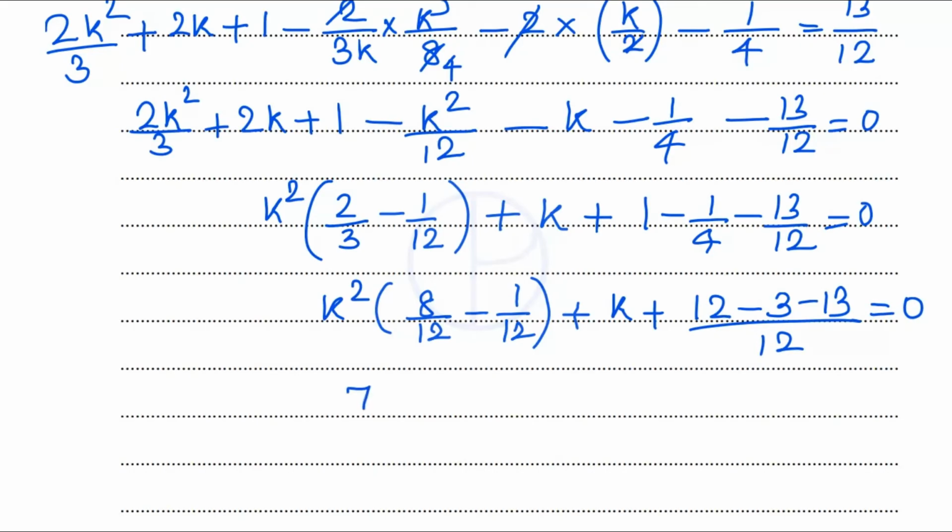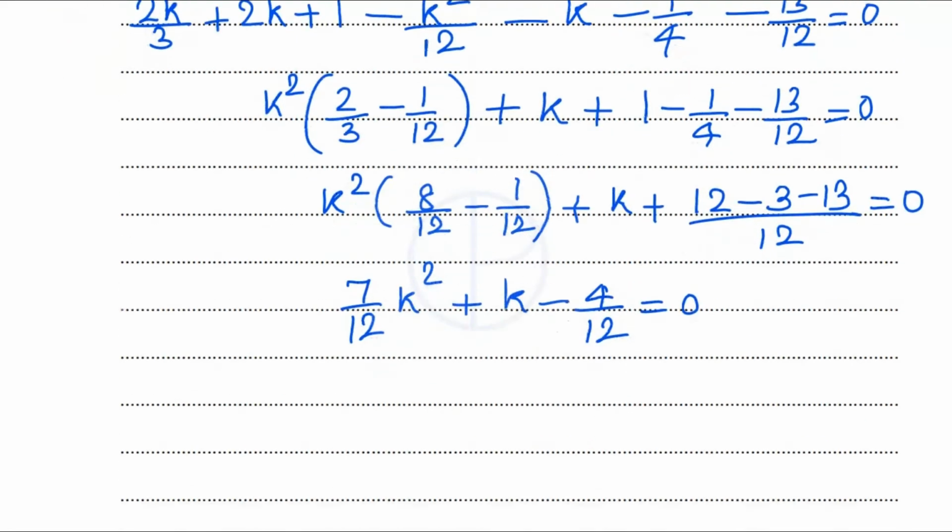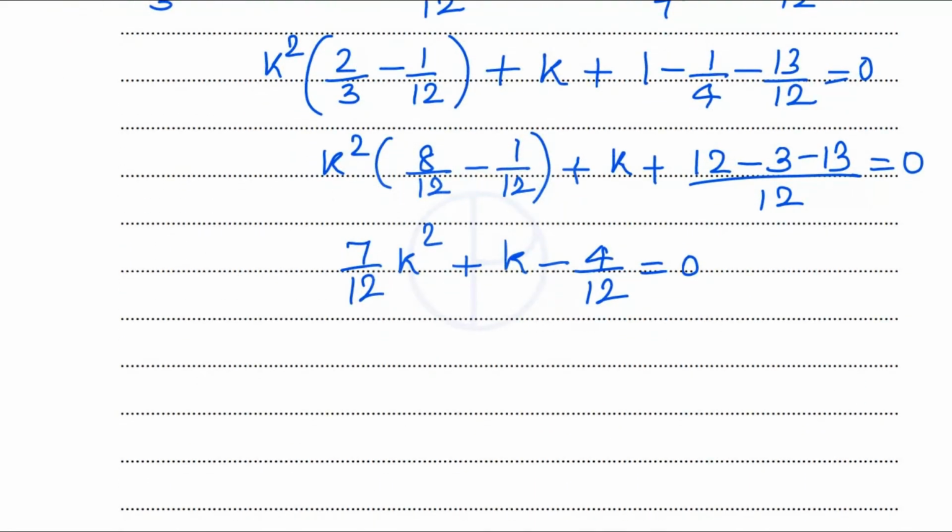So we get 7 over 12 k square plus k plus 12 minus 16, which is negative 4 over 12. Multiply the equation by 12 on both the sides, which gives 7k square plus k minus 4 equal to 0.